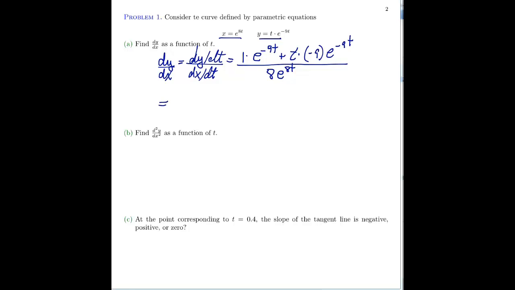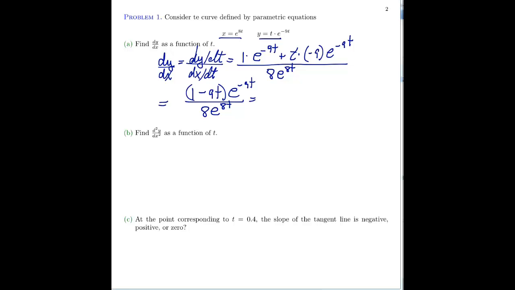And we want to simplify that a little bit. So in the numerator, we can factor out e to the minus 9t. That would give us a 1 from the first term, and then a minus 9t from the second. So we have that upstairs, and then 8 e to the 8t.